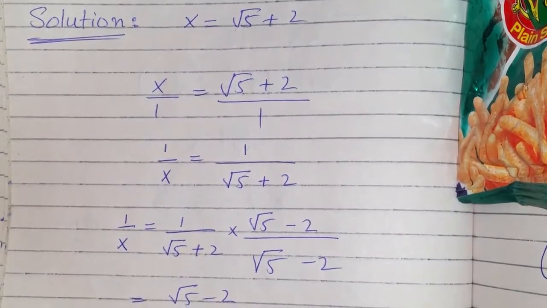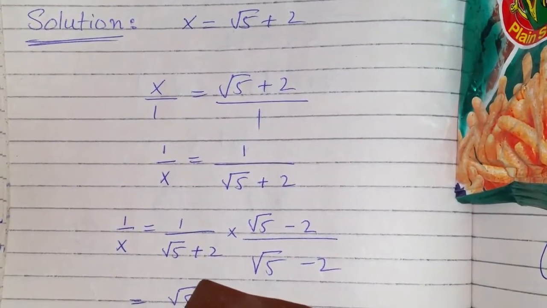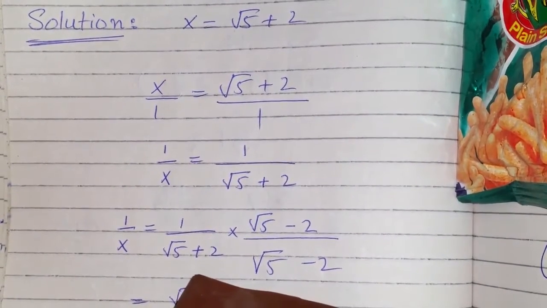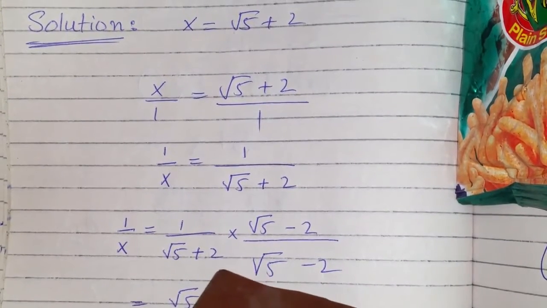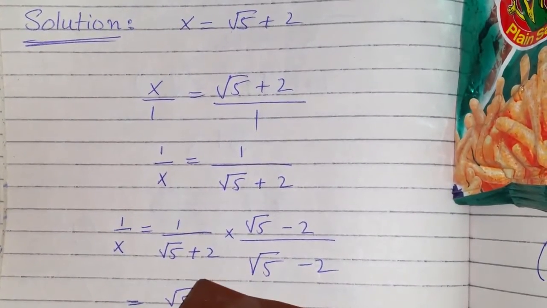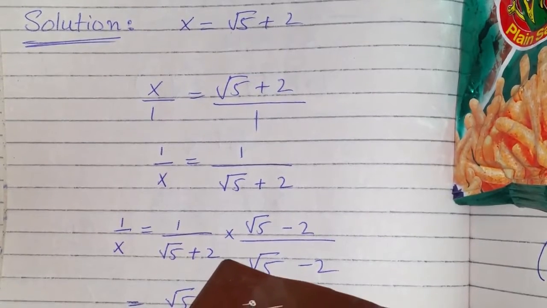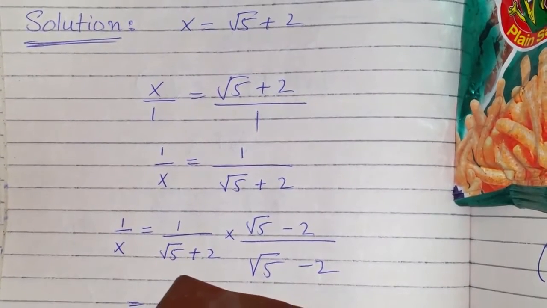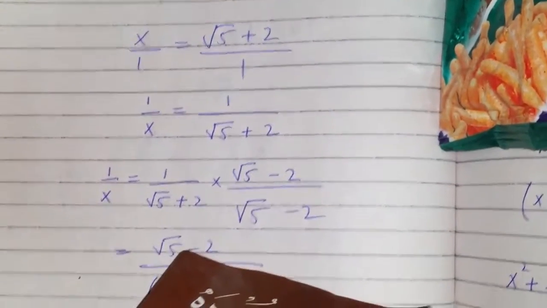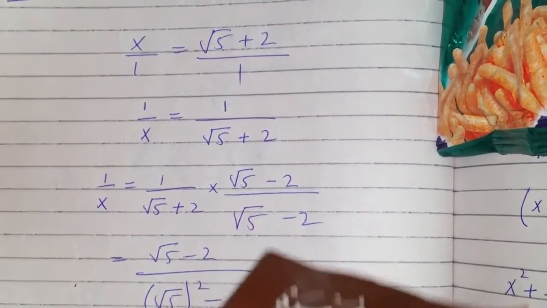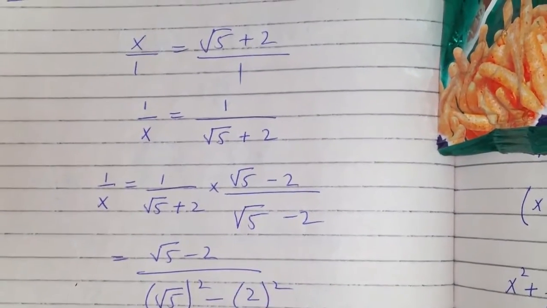Now I have used a rationalization method, and I am rationalizing this term by using the conjugate surd of the denominator and multiplying and dividing by it.